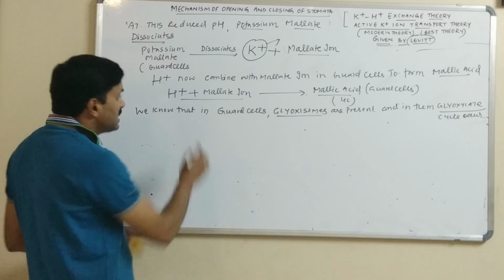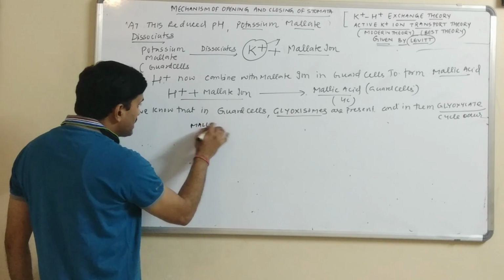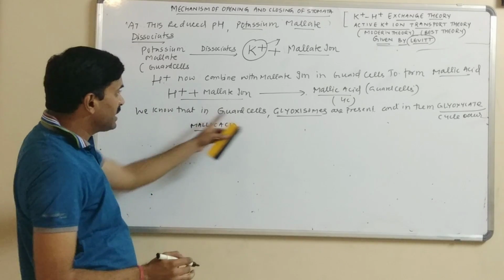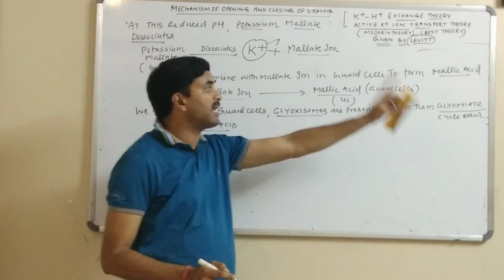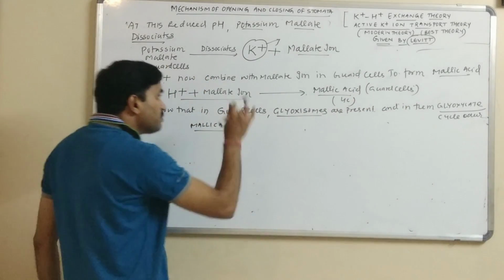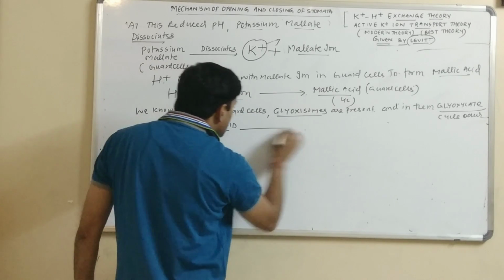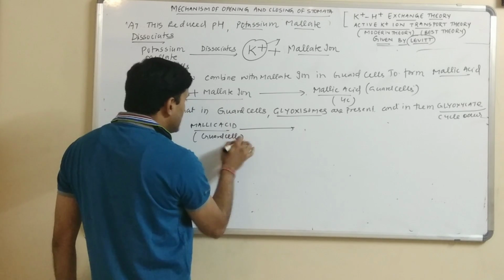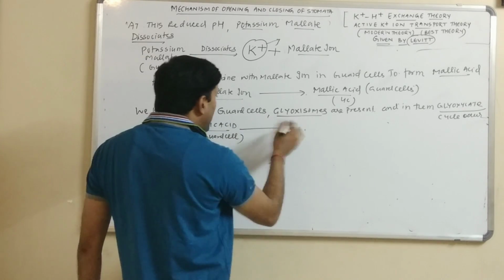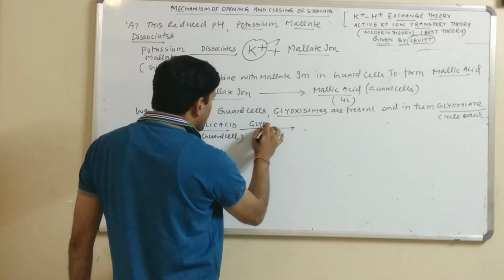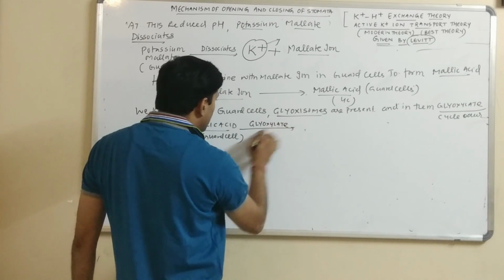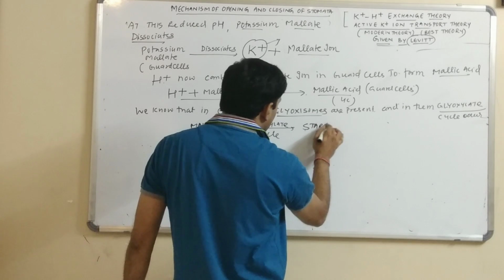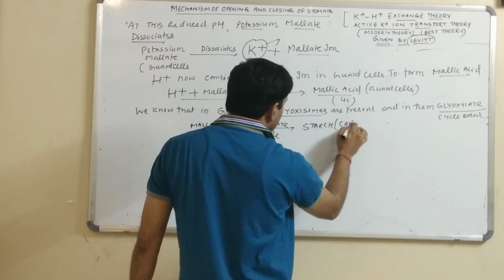By this glyoxylate cycle, this malic acid, which was present in the guard cell, is converted into what? Starch. It is a carbohydrate.